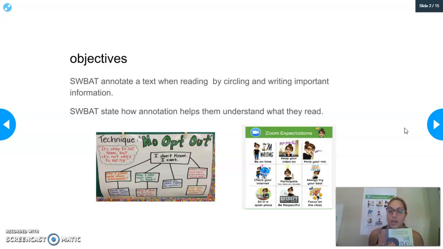What was the book about? There's a lot of key words that an author will write to help us understand what the book is about. So today we are going to use the strategy of annotating, because that helps us as readers understand what the book is about.